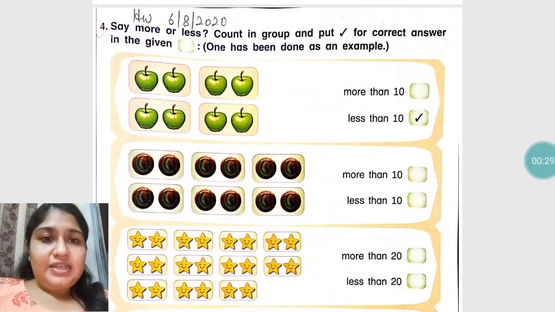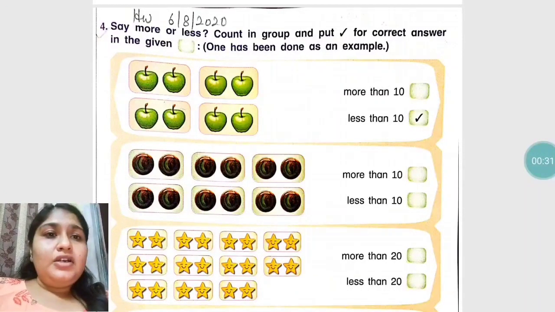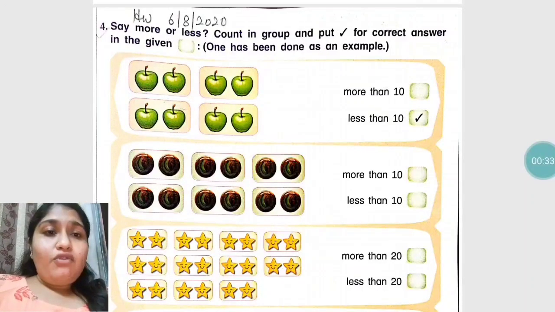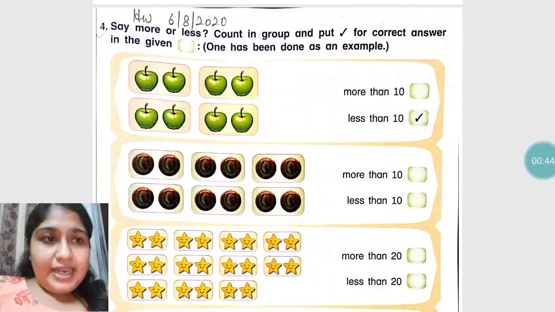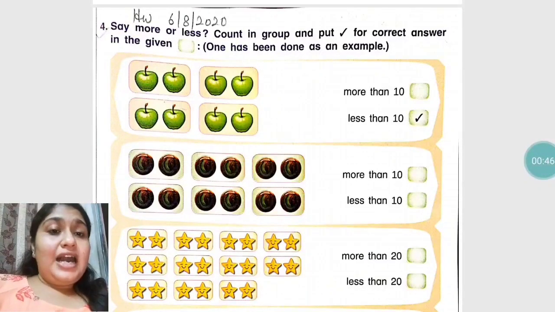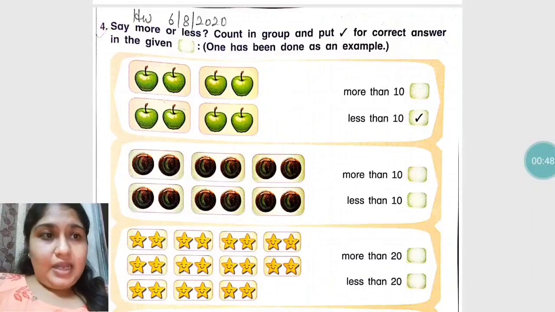As you can see, पहला एग्जांपल दिया गया है, that कितने पेयर्स है स्टूडेंट्स? 4 पेयर्स है और हर पेयर में 2 एप्पल्स है. So when you add this, मतलब 2 को जब आप 4 बार प्लस करोगे तो आंसर आता है 8. That means ये 8 एप्पल्स है जो 10 से कम है.